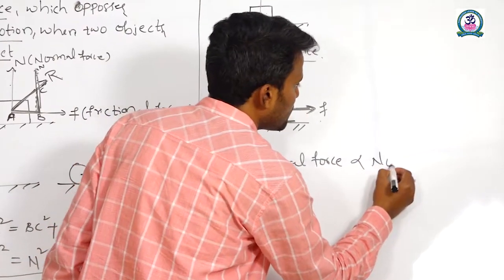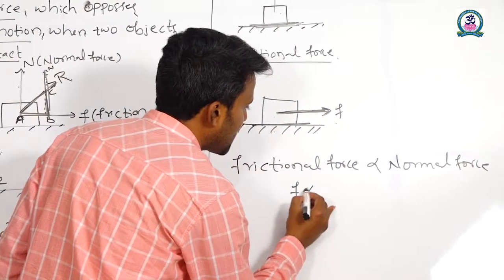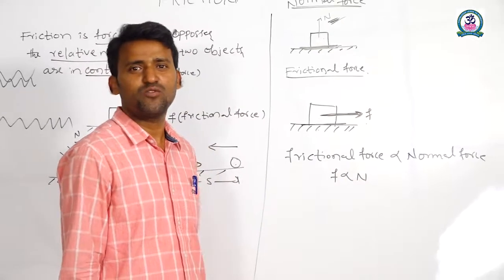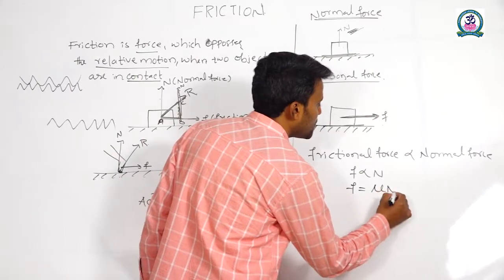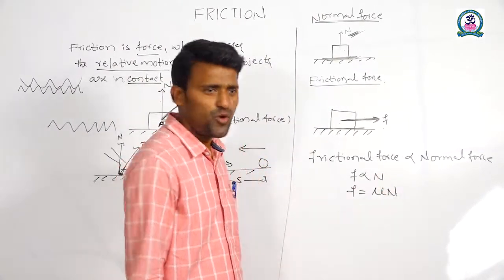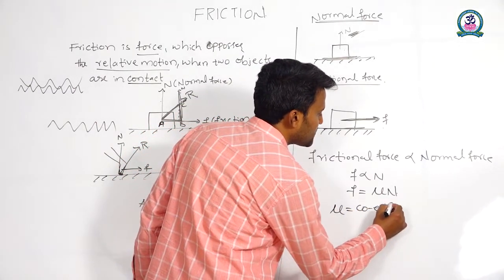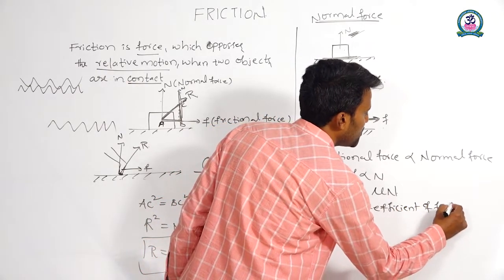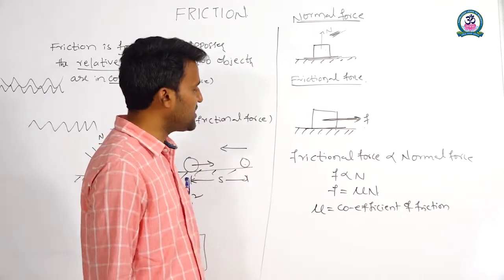F is directly proportional to N. When I remove the proportionality, one constant takes place, so F is equal to mu into N. What is mu here? Mu is the coefficient of friction.